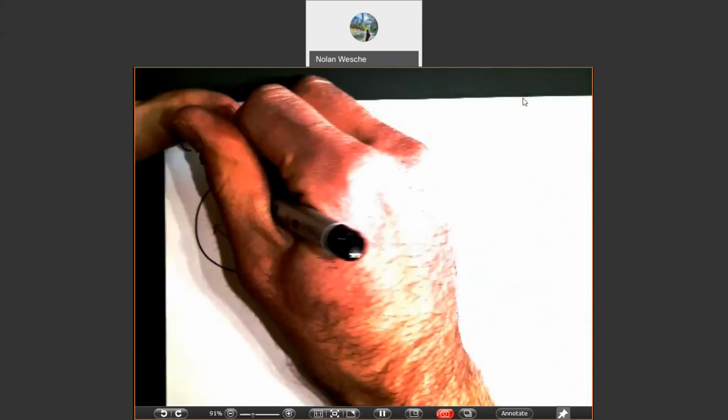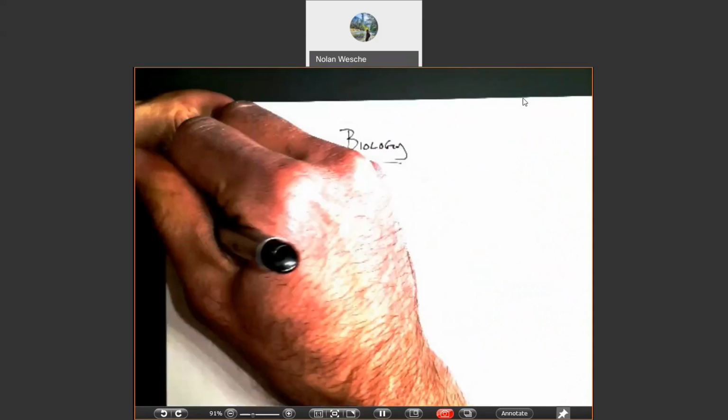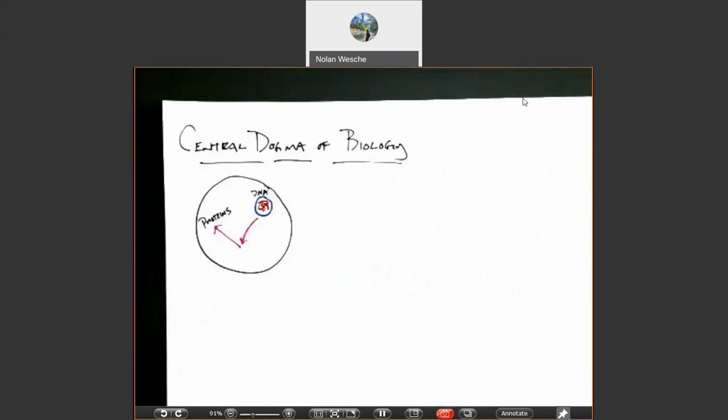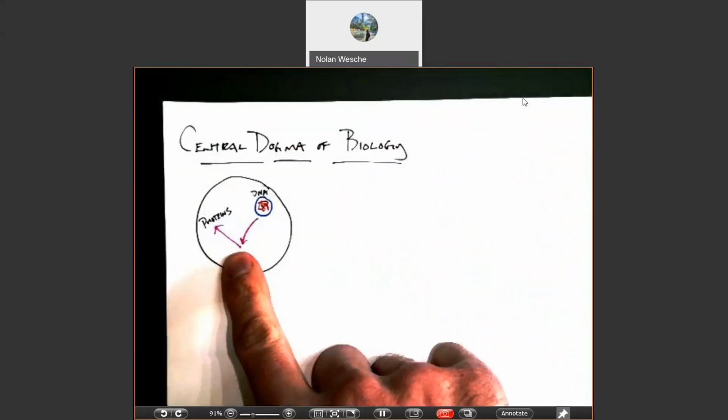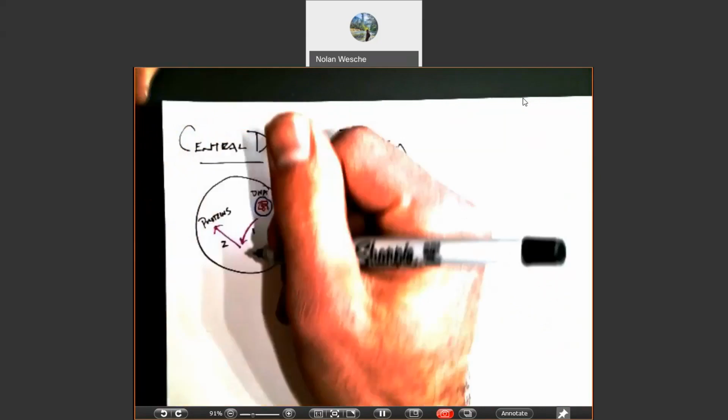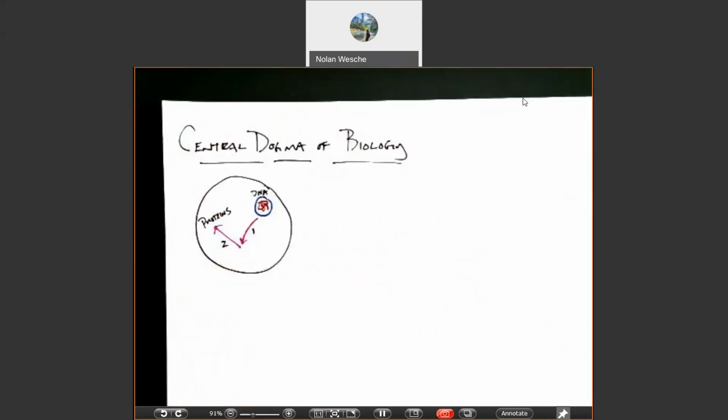Just to provide a few labels here, we've got DNA, and then we've got proteins. You can see there's a mesh point between these two arrows. We'll talk about what that means, but essentially we've got two processes. Process one is called transcription. We'll get to that. And then process two is called translation. We'll also talk about that.